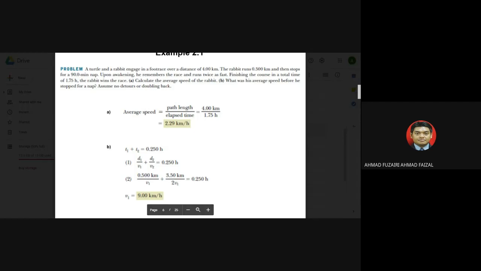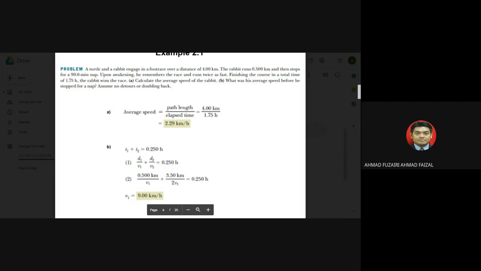When you mention the average speed, you need to put everything related to distance: the total distance over the total time, or as the slide says, the total path length. The total distance in the race is 4 kilometers, and the rabbit finishes it in 1.75 hours.